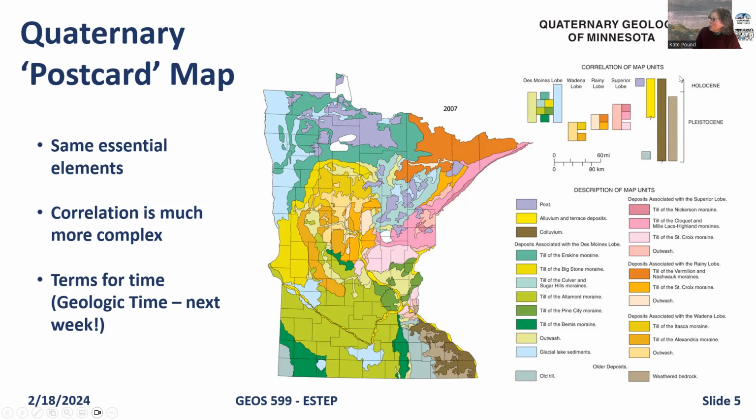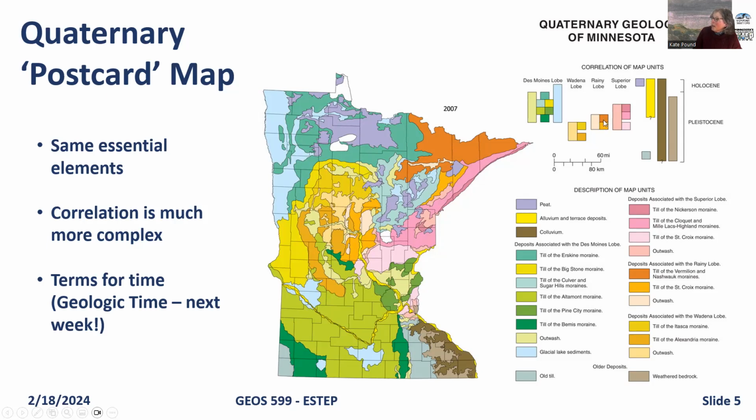A correlation of map units is a way of trying to show how the units that are mapped are distributed geographically, usually west on the left, east on the right, but it also shows how they are related to each other.